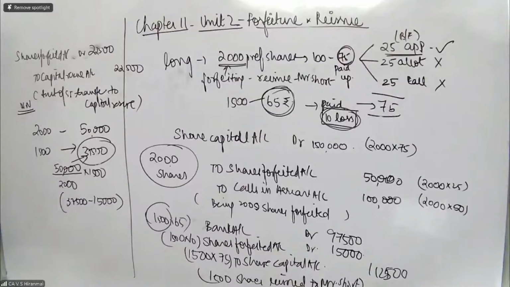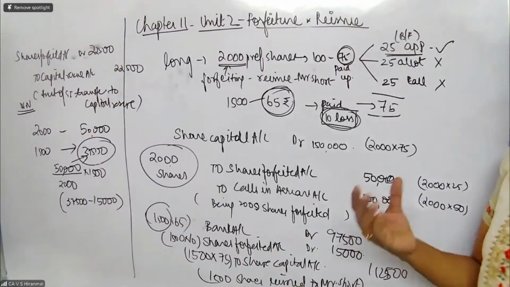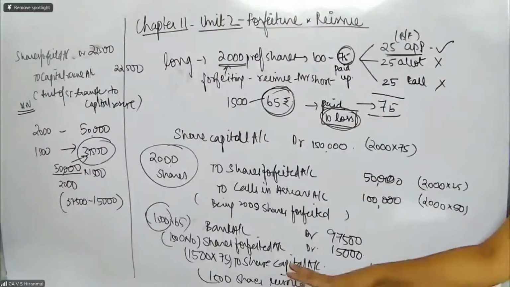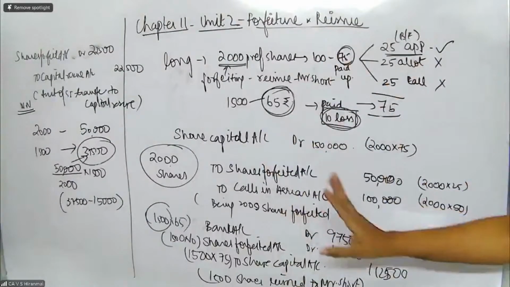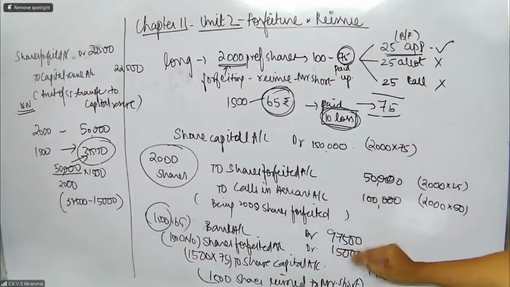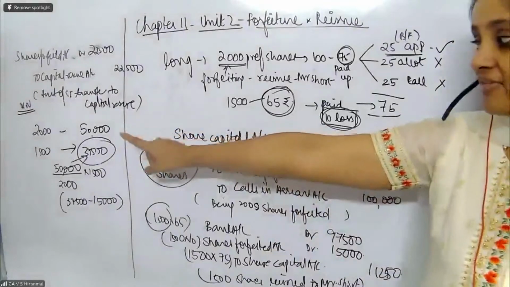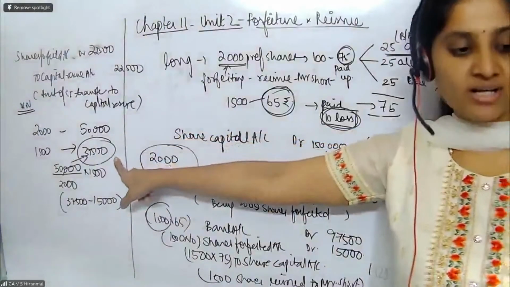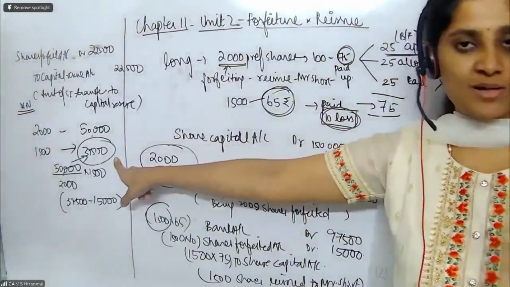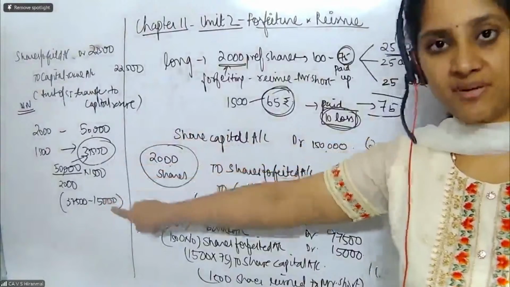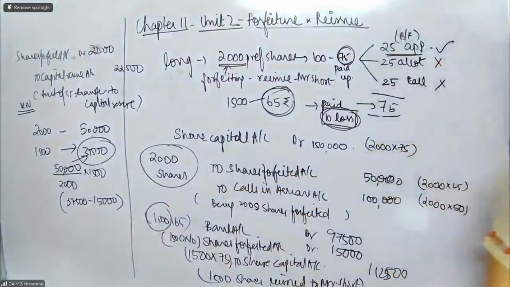I am supposed to go to the working note and find out what is the amount of shares forfeited received, and from that only I should subtract the loss. I should not do 50,000 minus 15,000. Rather, I should go to the working note and find out how much is the corresponding value. So the corresponding value comes to 37,500 and from that I am subtracting 15,000. As simple as this. Clear?